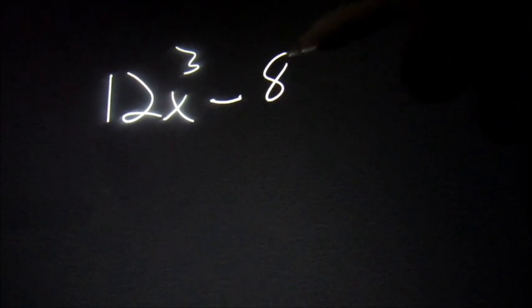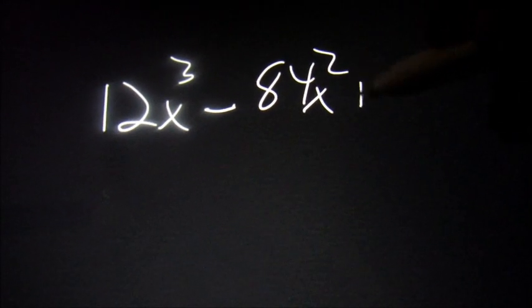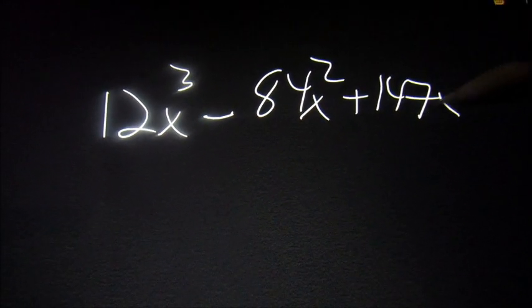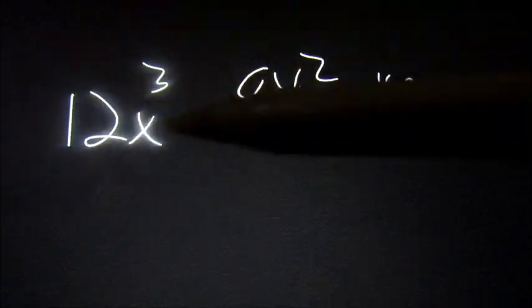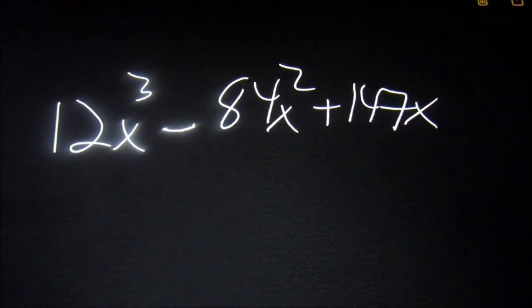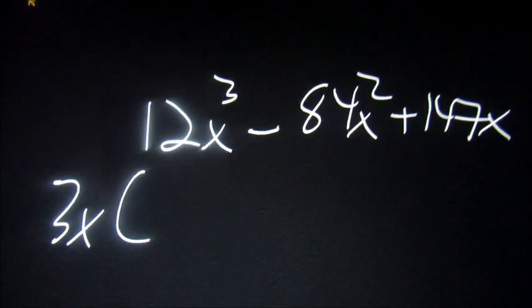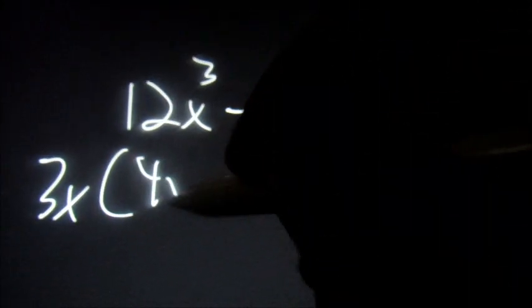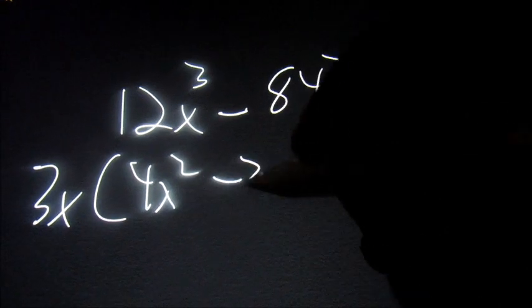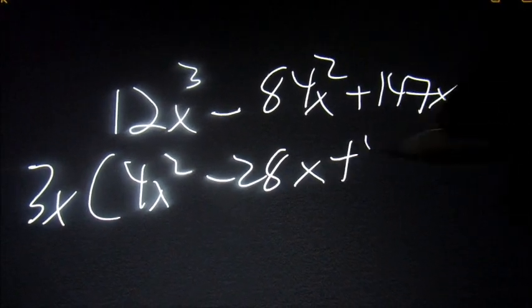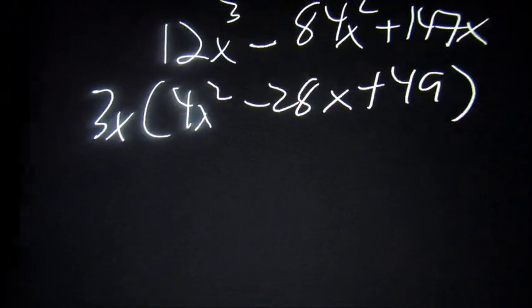And the last one of these, 12x to the 3 minus 84x squared plus 147x. Okay, we can factor out an x here, and we can also factor out a 3. So when we do that, this is going to be 4x squared minus 28x plus 49.